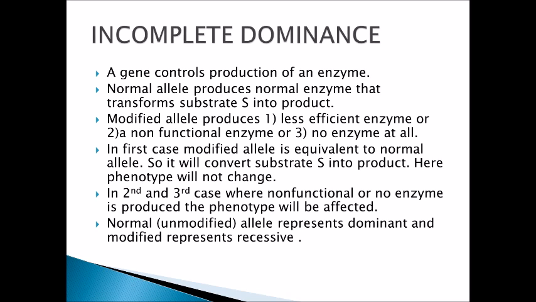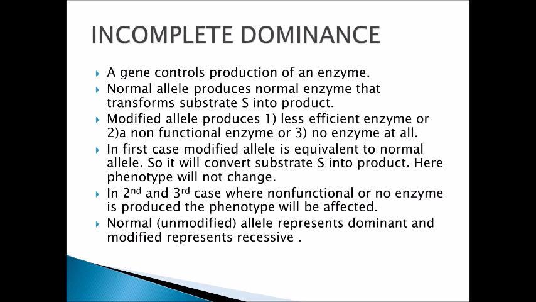So it is equivalent to the normal allele because it is producing the enzyme. It will convert substrate S into product. Here, the phenotype will not change because although the allele is modified, it is still producing enzyme. So the phenotype will remain the same.